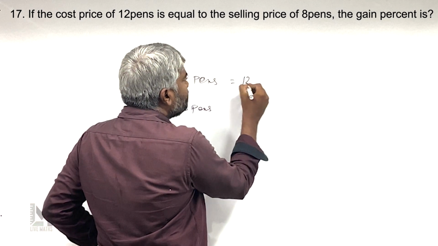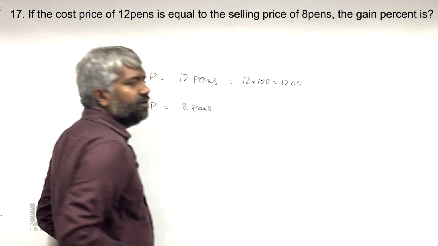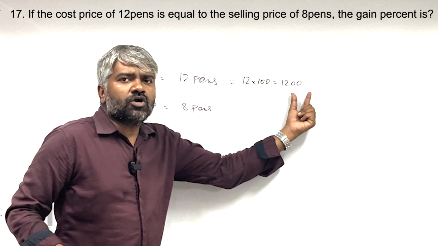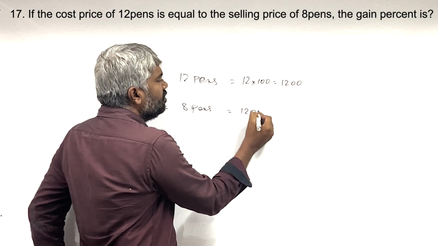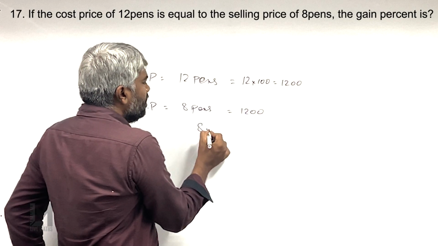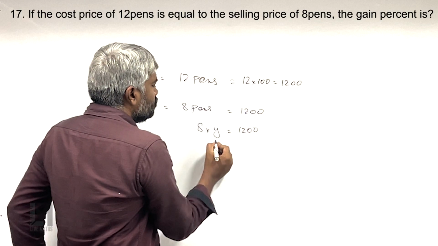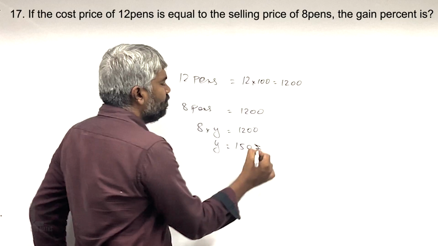So the total cost price is 12 × 100, which is 1200. Now when I sell 8 pens, I am getting the cost price of 1200 rupees, right? So 8 × selling price of each pen will give me 1200. So y is equal to 150 rupees.